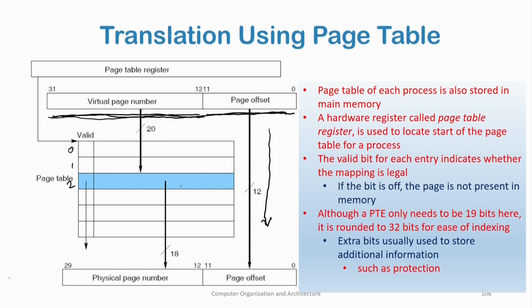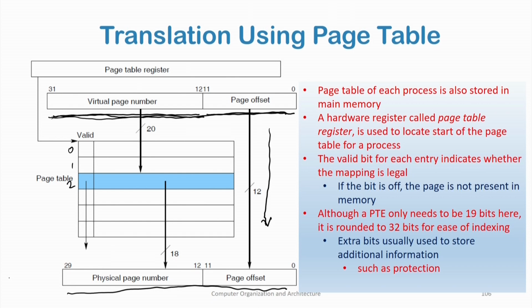I add the page offset taken directly from the virtual address, and I generate the complete physical address. This physical address is then floated into the memory address register, and therefore I get the address in memory from which the data must be accessed.